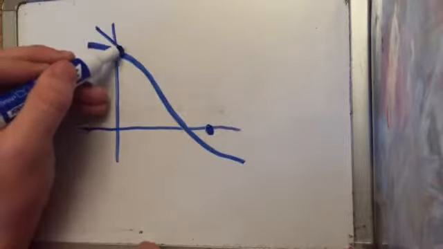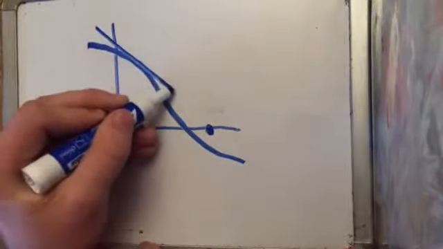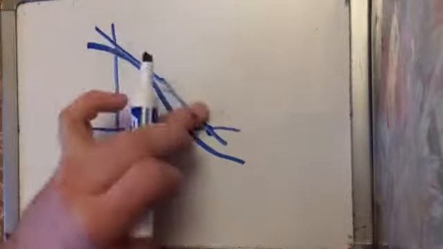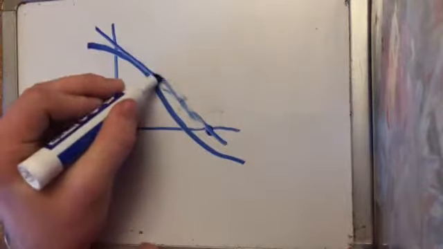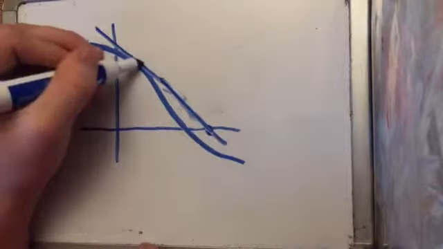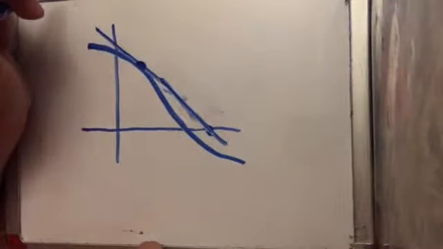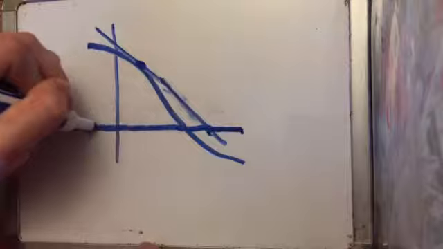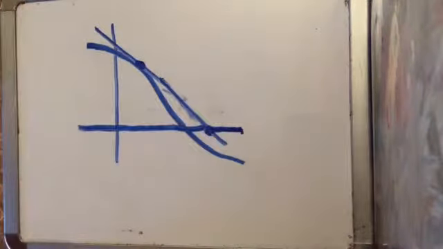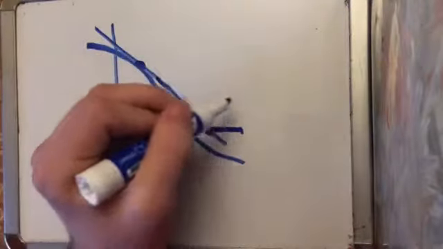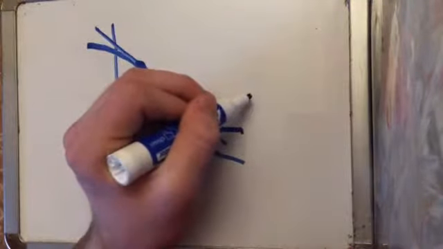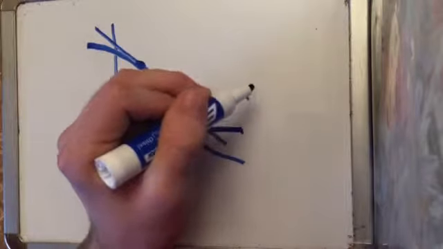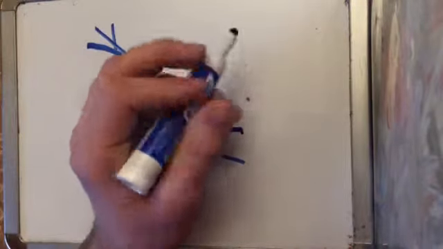Drawing the tangent line through that x-intercept, the x-intercept right here is what you want. You're going to guess what the value of it is, because you don't know exactly, which is the point of this.